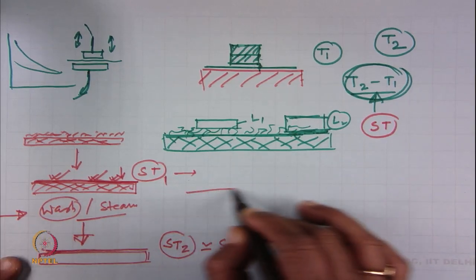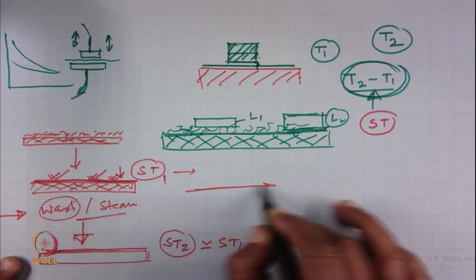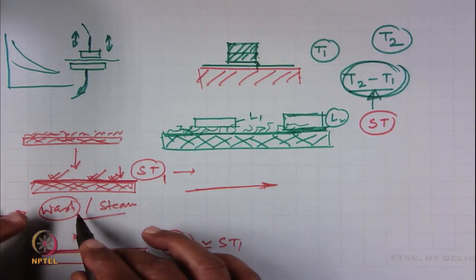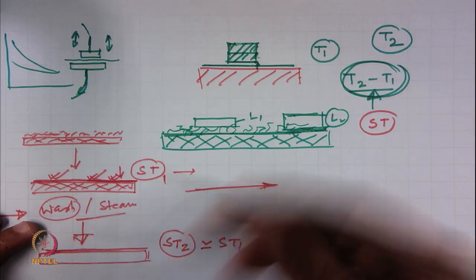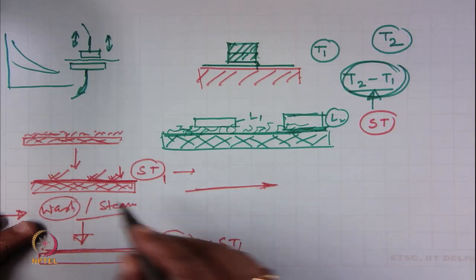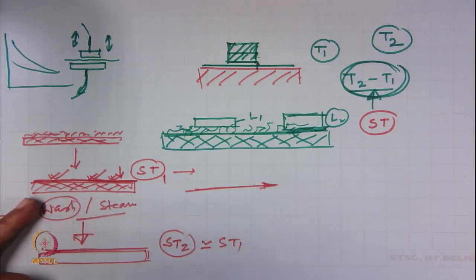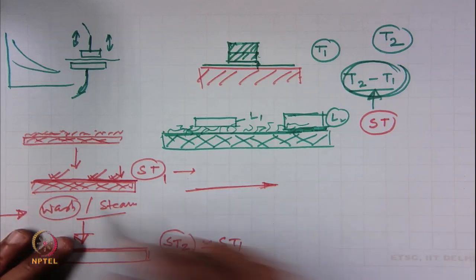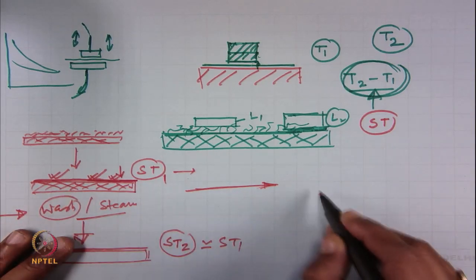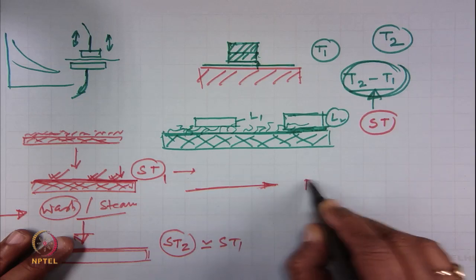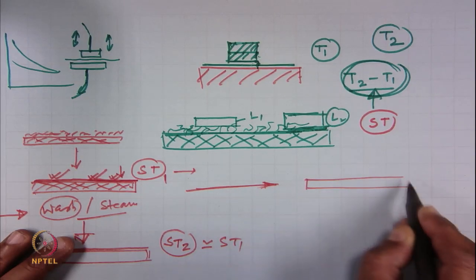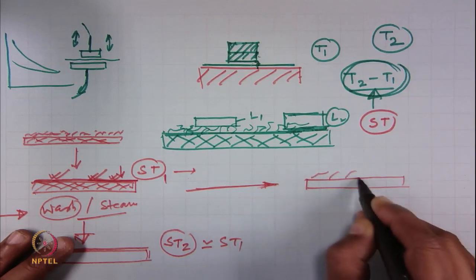Another fabric, suppose now we keep on washing and laundering. What happens? The finish will come out gradually, and the hairiness will again show off.